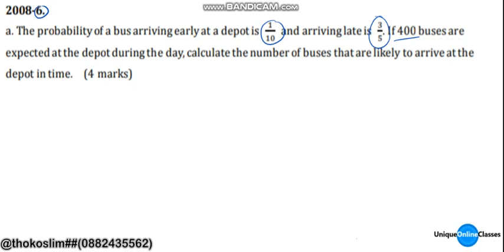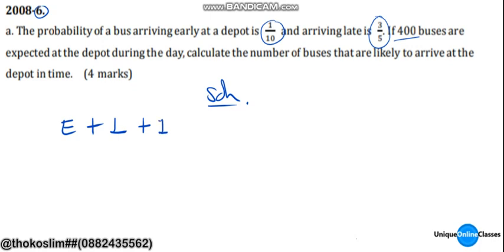So let us make the solution. I think we can solve this one in two ways. The first way, we add all probabilities to get 1. So we have those arriving early, plus those arriving late, and those which arrive in time.